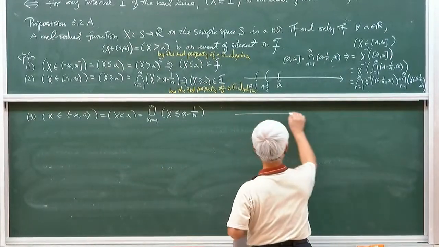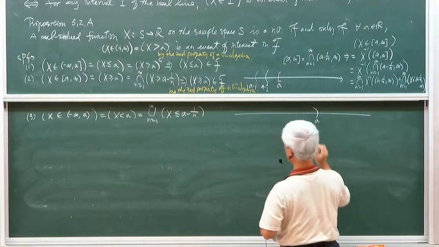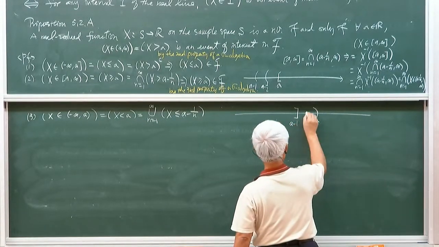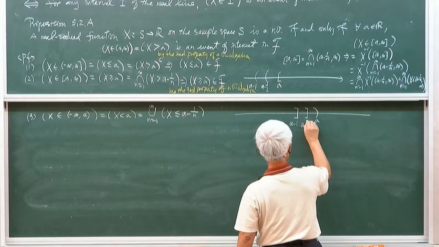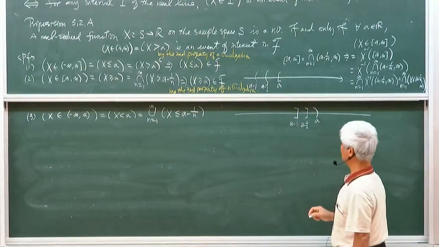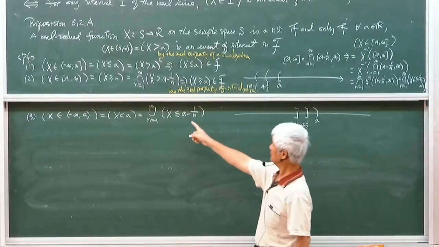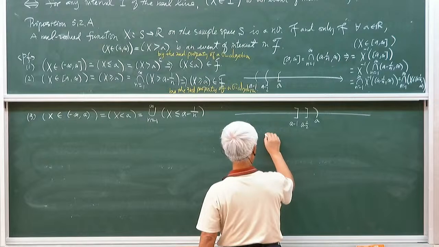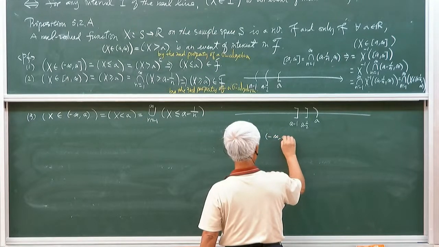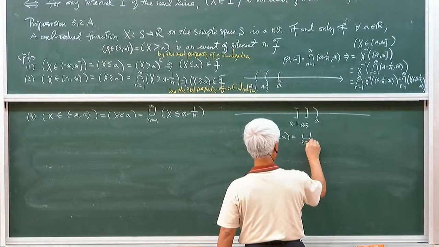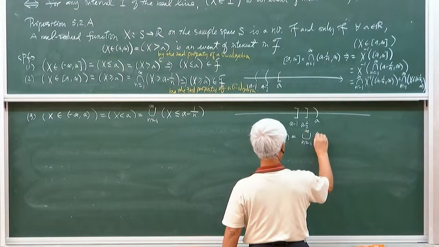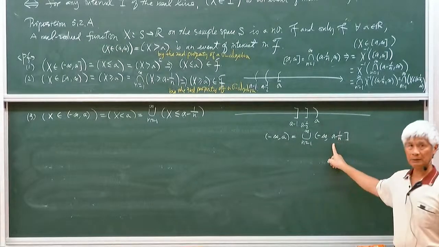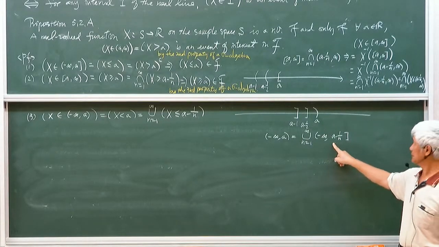What is that? A here, A minus 1, A minus 1/2, etc. So you can see that it is the union of the closed semi-infinite intervals.